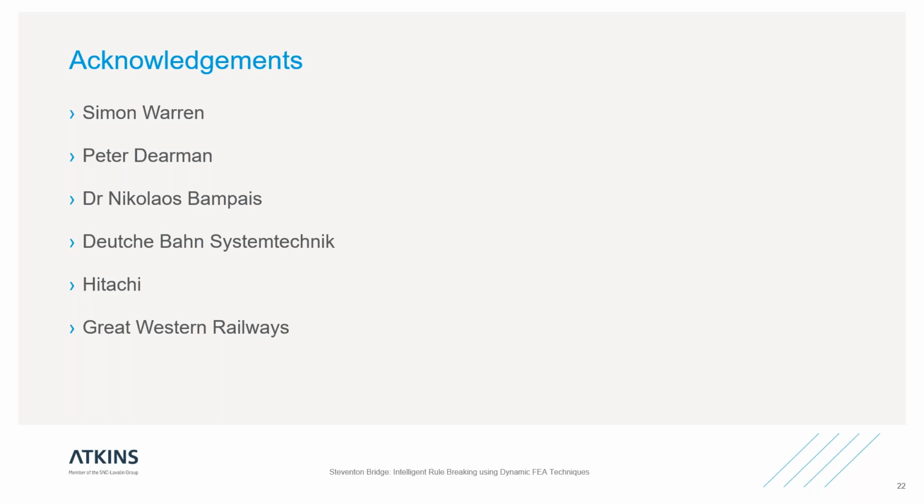Peter Dearman, who really was the driver behind challenging in the first place and saying, I think we can go faster at Steventon. It's really down to Peter that process even started. Dr. Nikos Bypass is the very, very smart chap who actually undertook the modelling and understanding what all the data meant.